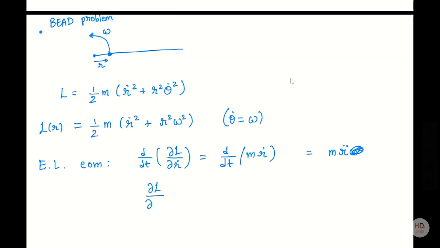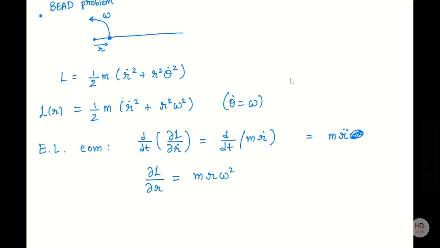And now del L by del r, which is the derivative with respect to r, is m r omega square. And then you equate these two, so we get m r double dot is equal to m r omega square, or r double dot is equal to omega square r. Okay, so this is your equation of motion.